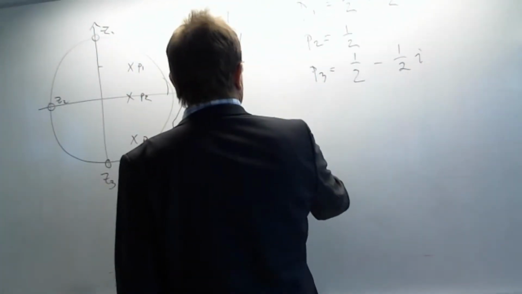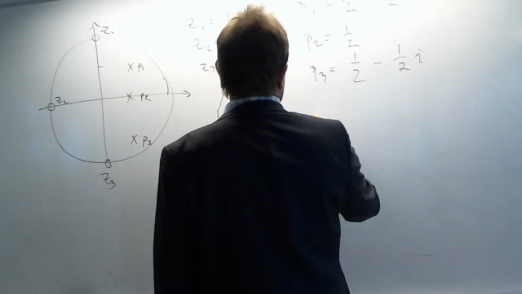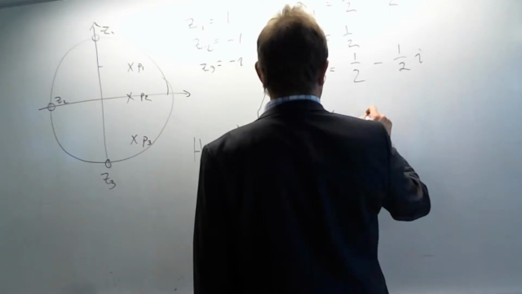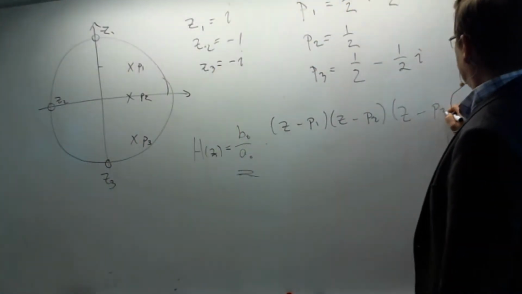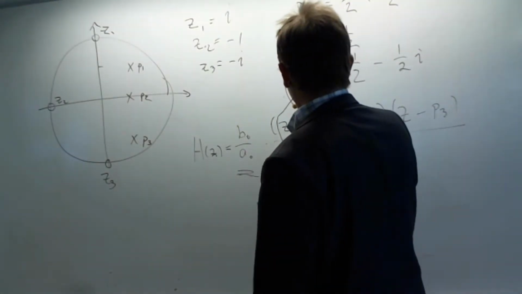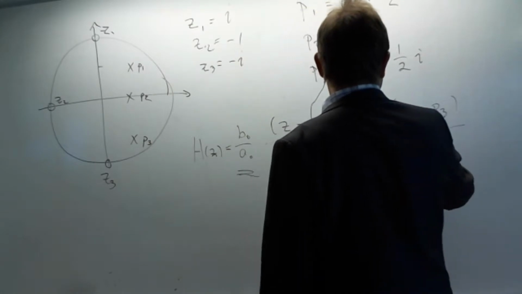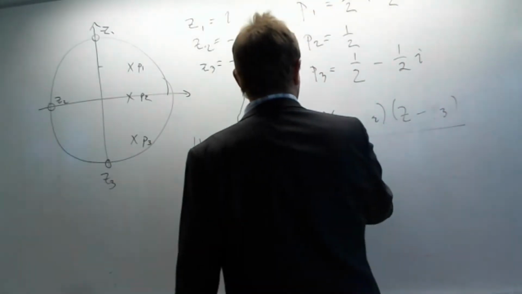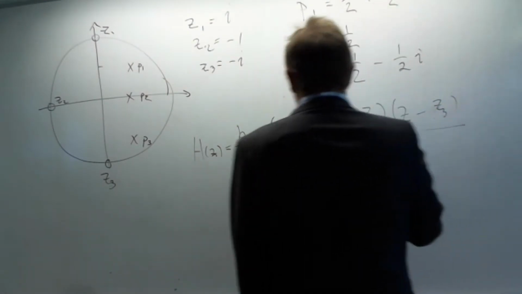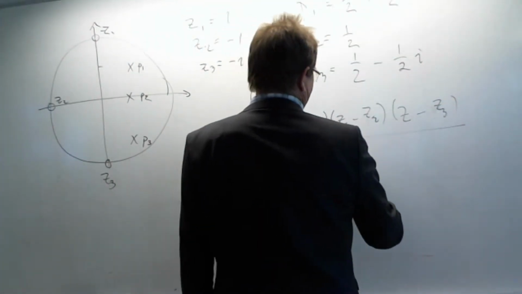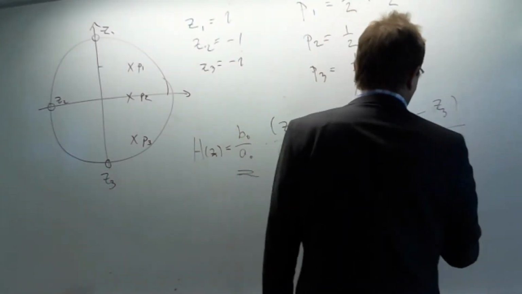Okay, so we have Z minus Z1 times Z minus Z2 times Z minus Z3, and downstairs Z minus P1, Z minus P2, Z minus P3. Why did nobody tell me that these are not P's, these are zeros? Your fault. Okay, there we go.